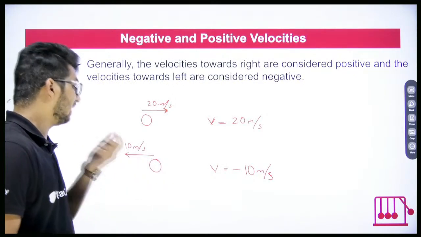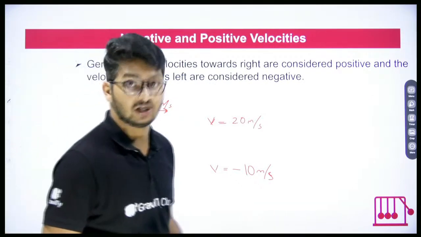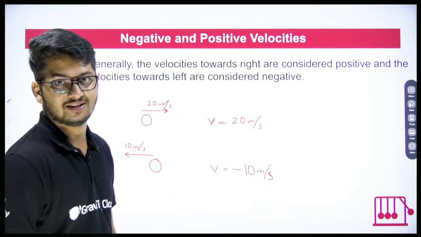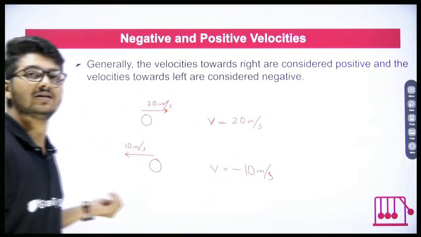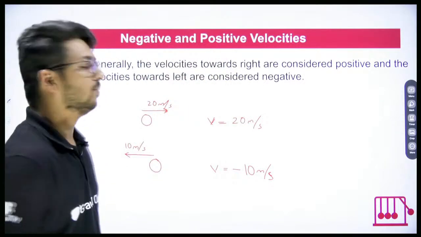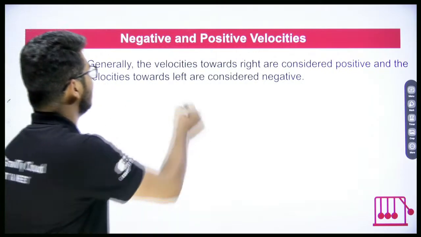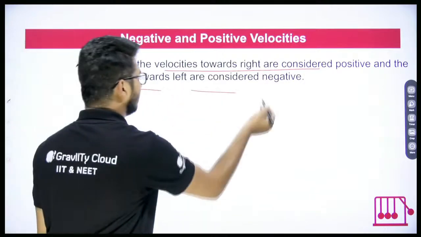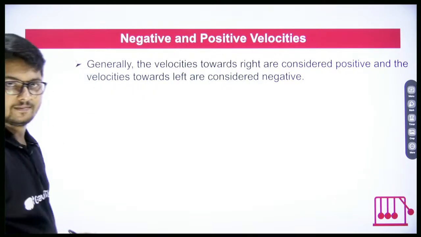So whenever you have to show direction mathematically, you use positive and negative signs. Positive is for velocities towards right and negative is for velocities towards left. Is that clear, everyone? Very simple point.